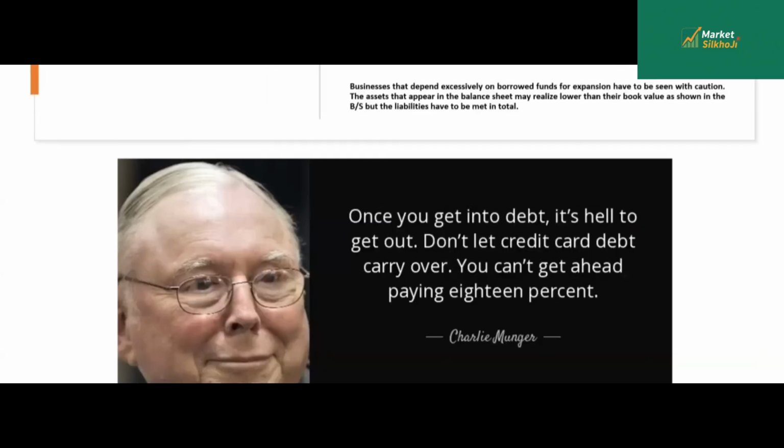Whenever a business is expanding, if you want to generate high growth, you have to expand the business. You have to invest in land, building, plant, machinery, all these things, because if you don't reinvest in the business, there won't be any growth. But to expand the business, you need money.